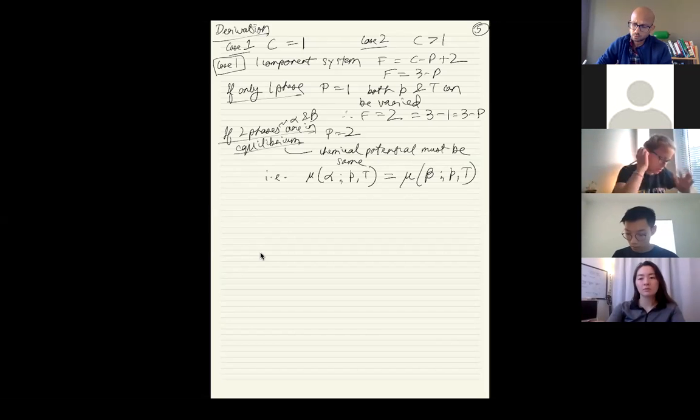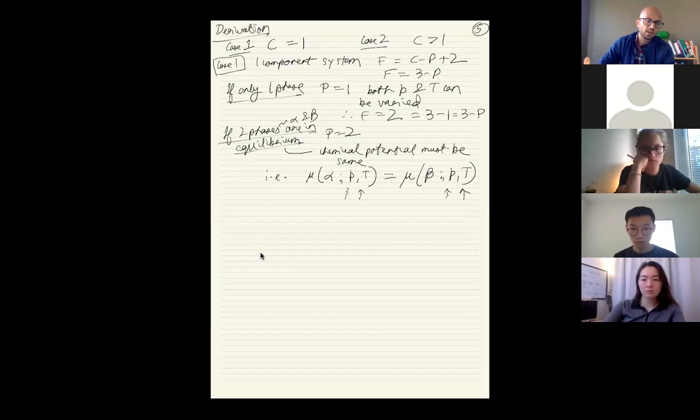If we know something about the pressure and temperature here, and we know something about the pressure and temperature here, we can calculate their chemical potentials. There is some equation. We don't know what that equation is, but we are being given a constraint here that not all pressures and temperatures are possible for these two phases to coexist. Only those pressures and temperatures are possible which satisfy this equation.